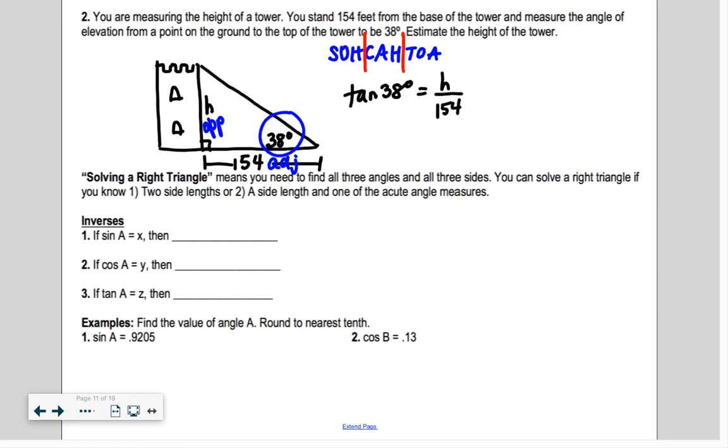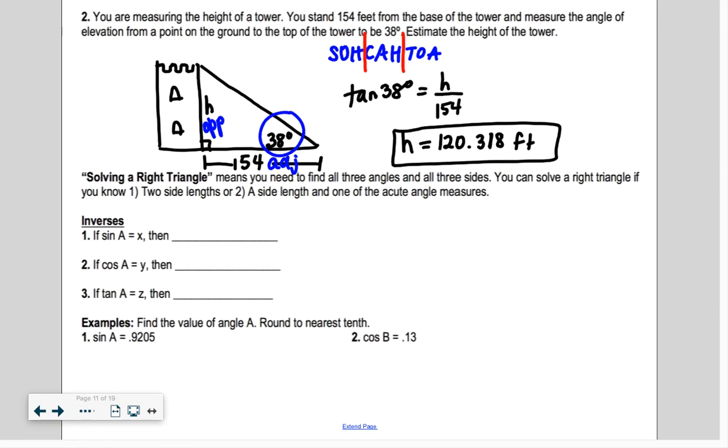I'm losing it. All right, so we're going to multiply the 154 over times tangent of 38. And we get h equals 120.318 feet. All right, so that's how tall it is. All right, does this make sense?